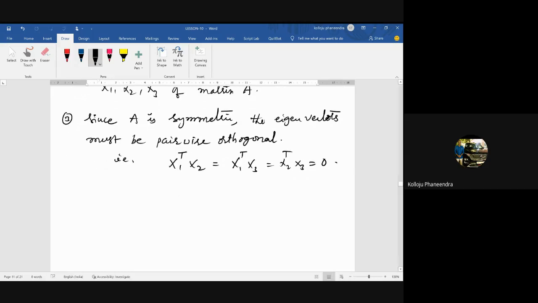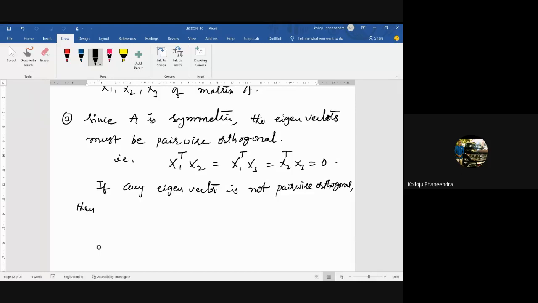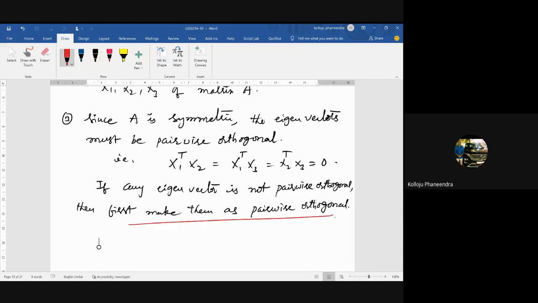In this step, if any eigenvectors are not pairwise orthogonal, then first make them pairwise orthogonal. This is a very important point.